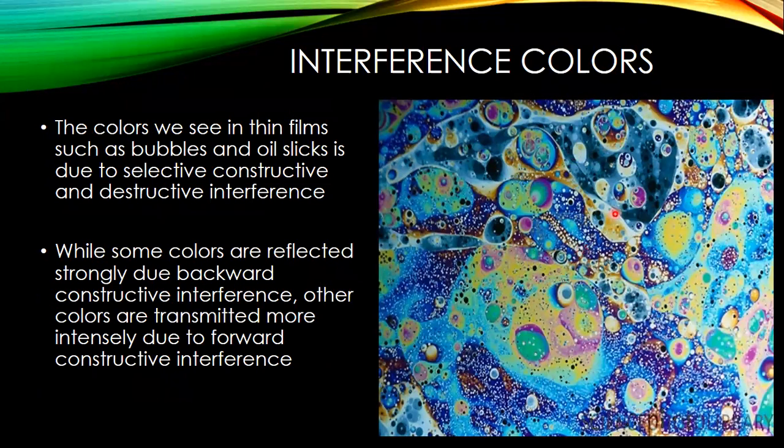Again, in any of these cases, a 1/4 wavelength, which is used for anti-reflective coatings, or 1/2 wavelength, which is used for dielectric mirrors, the thickness of the film is going to be very much connected with the wavelengths that are reflected and the wavelengths that are not reflected.